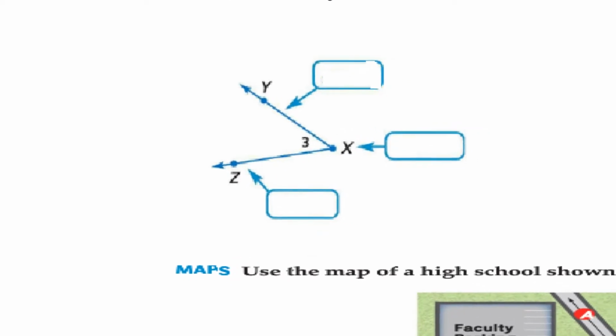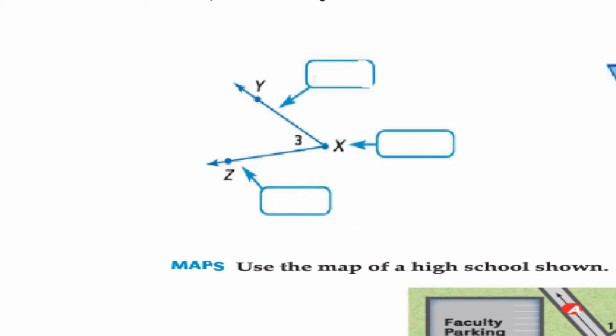Okay, so here's an angle. Now, as you think about what we've already talked about, just this part right here that I'm highlighting in black, what is that? Okay, good. That is a ray. Now, by itself, it's a ray.